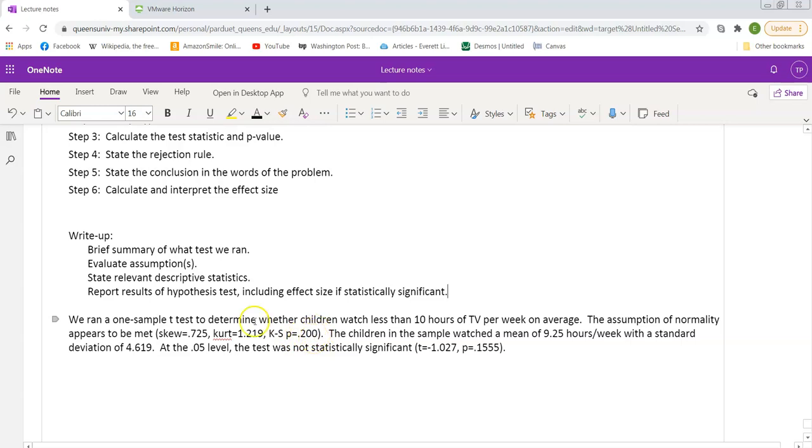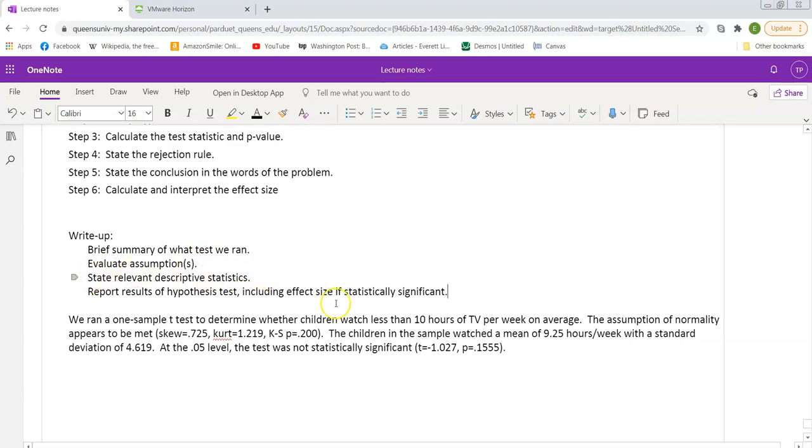It is common to put parentheses around some of these numbers like this. So skewness, kurtosis, and this is the p-value. These are supporting statistics for the statement we just made. So that's the assumption statement.